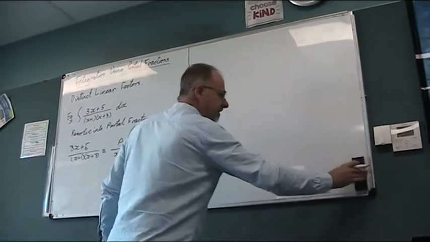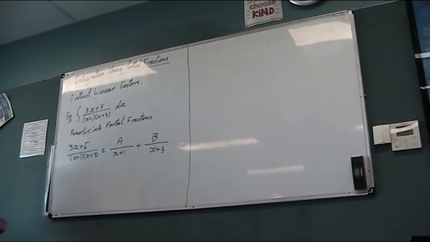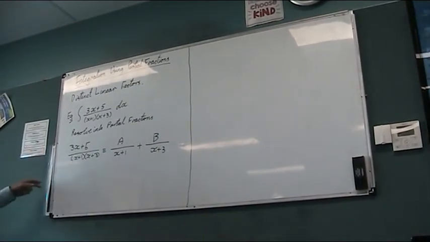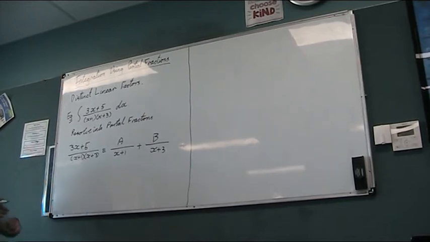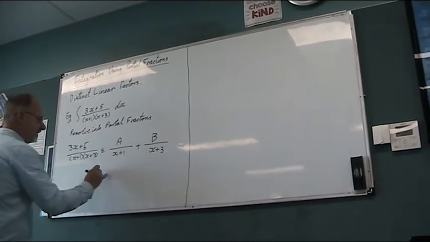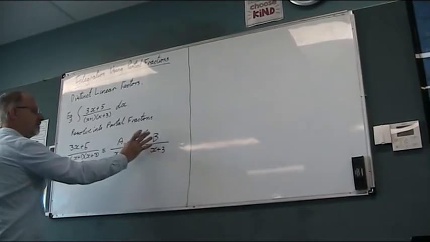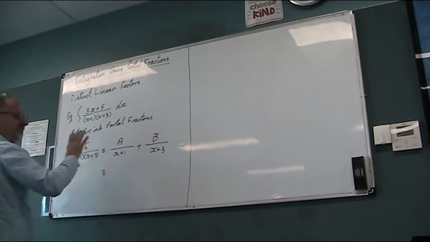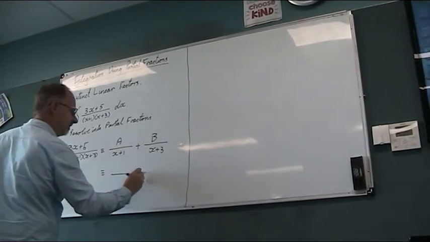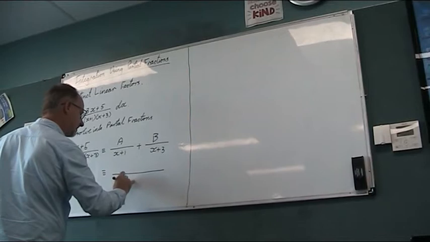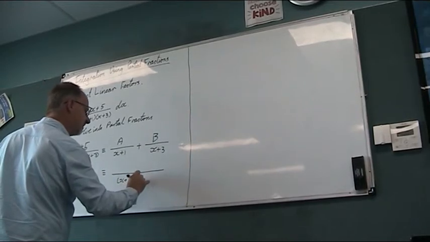I'll go through this first one, and then others I'll use the calculator for. Alright, so what we need to do is say, if they're equivalent, then let's make the denominators the same.